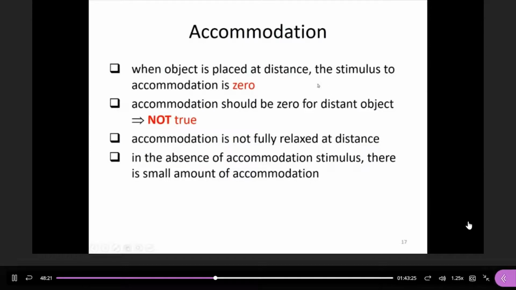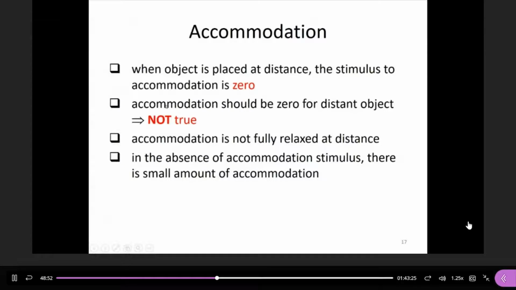As I said before, here we want to talk about the characteristics between the accommodation stimulus and accommodation response. When you put objects at distance, presumably at infinity, the stimulus to accommodation should presumably be zero. If you put objects at infinity, you should have no accommodation, and therefore the response should be zero.